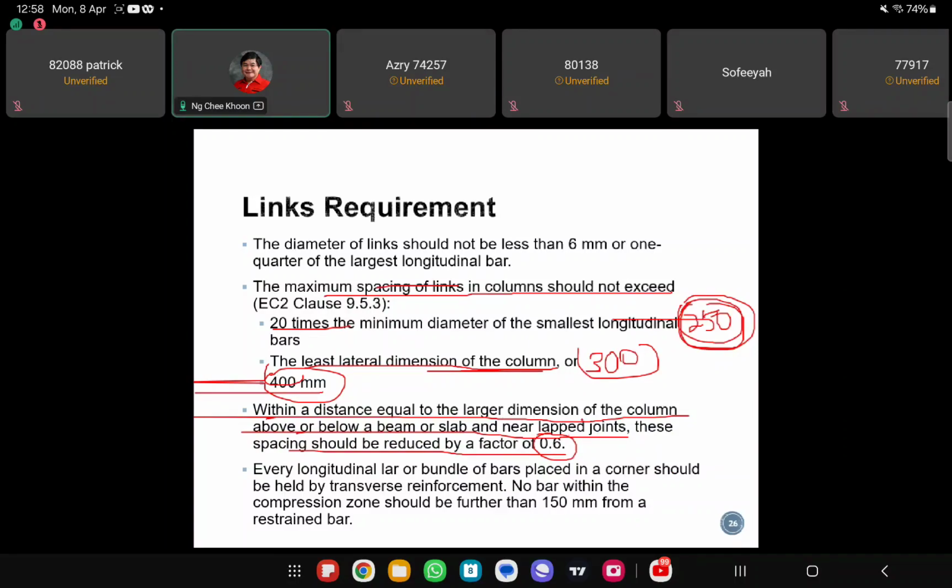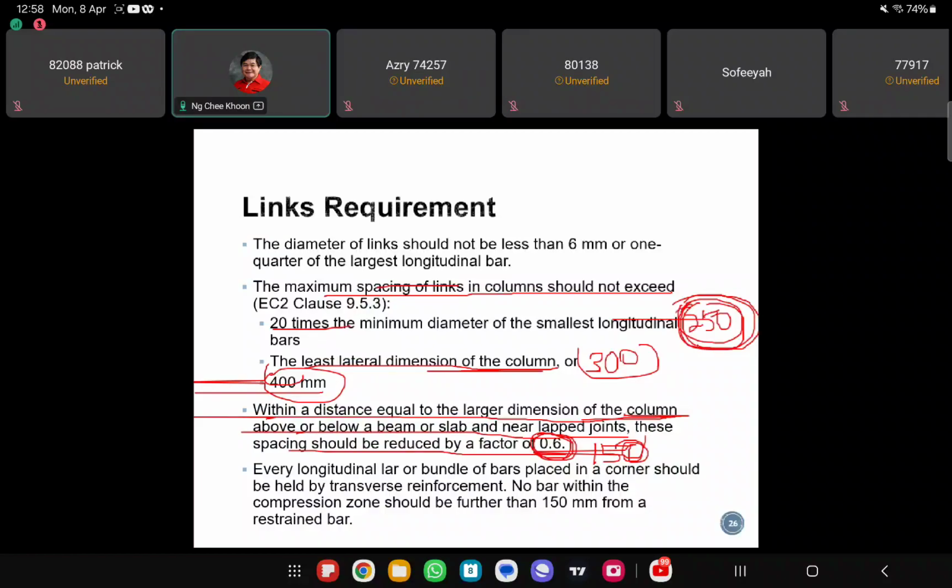So at the column top end and bottom end, you should have only 0.6 times of this value here. Meaning at this region, your spacing should be only 150 mm or less.